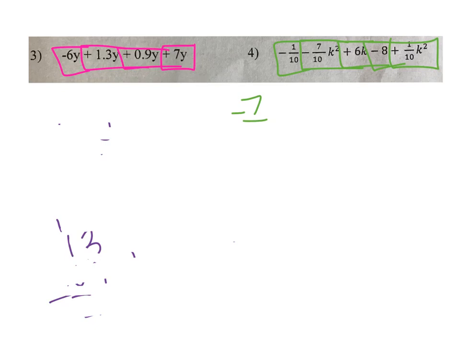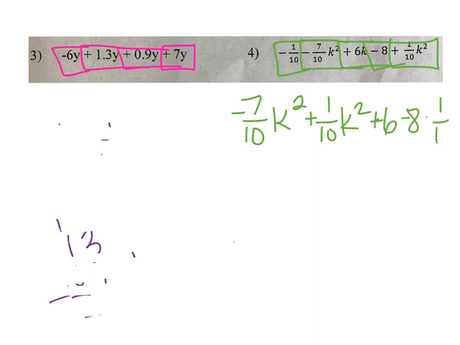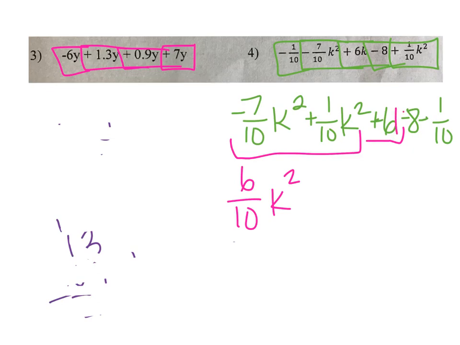So negative 7 tenths k squared plus 1/10 k squared plus 6 minus 8 minus 1/10. So I'm going to combine my k squareds, different signs subtract, so that becomes 6/10 k squared. Oh, I lost my k there.